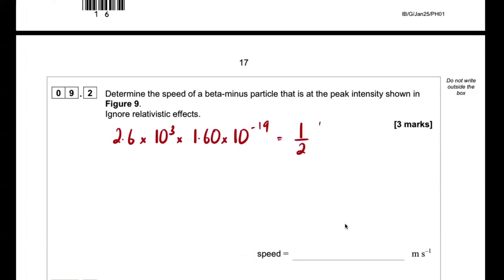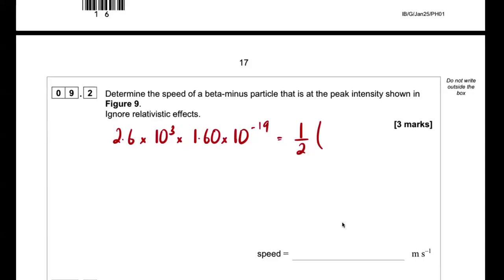So half the mass of an electron, which you get from your data sheet, which is 9.11 into 10 to the negative 31, into the square of the speed. So from here you just make the speed the subject, convert, and the answer that you would get is probably something like 3.1 into 10 to the 7 meters per second.